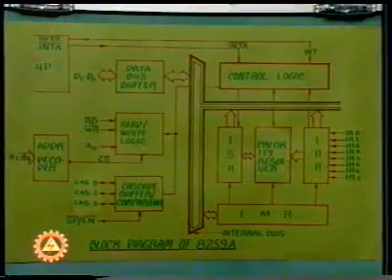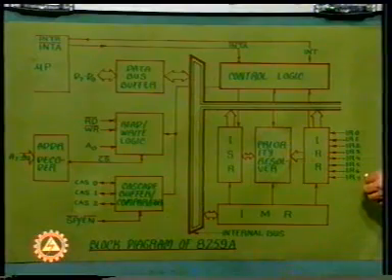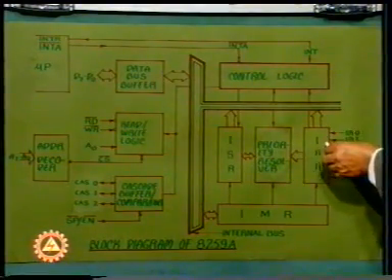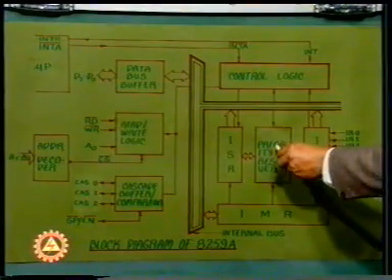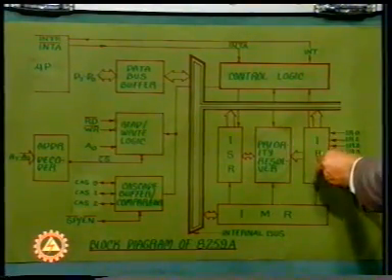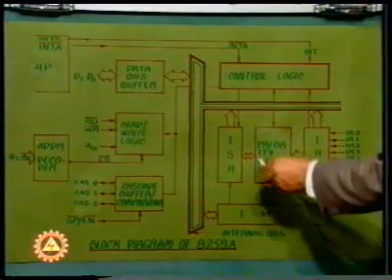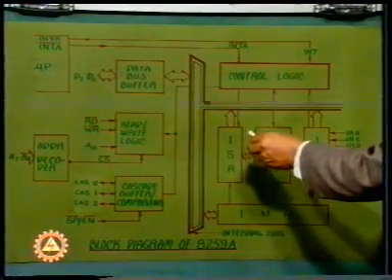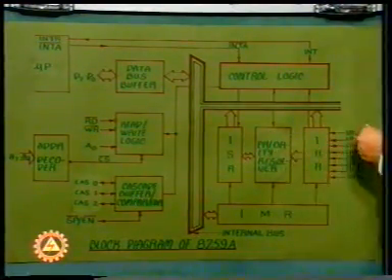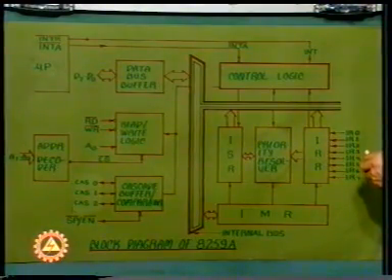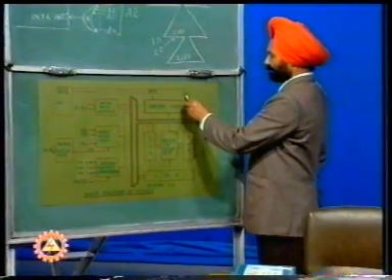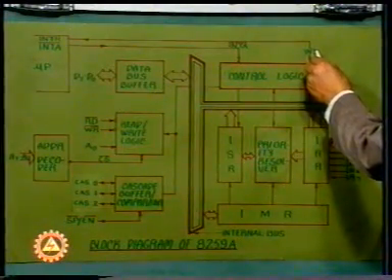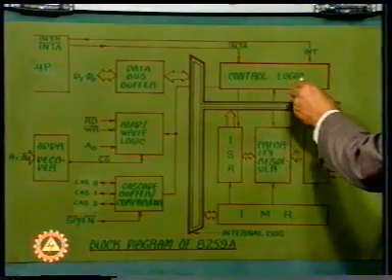Now, whenever the interrupts occur on the interrupt input lines IR0 to IR7, they are stored in the IRR register. The priority resolver, on reading the information of IRR, IMR, and ISR, resolves as to which interrupt has to be serviced next, and it generates an external interrupt through the INT line through the control logic block.